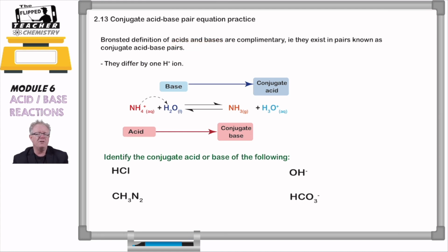And so by that definition, these pairs only differ by one H+ ion, and so they are a partner or a pair. We mentioned in the previous video this idea of a conjugate. Remember, conjugation is the joining up of two parts, and a conjugate is a pair of something.